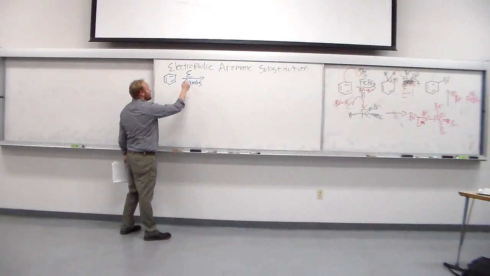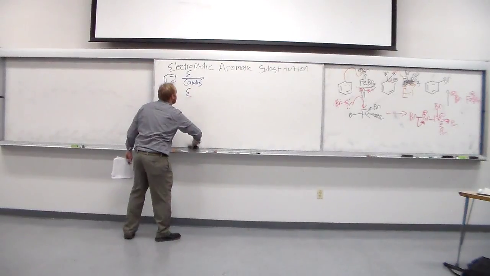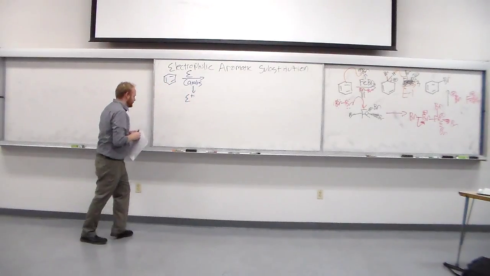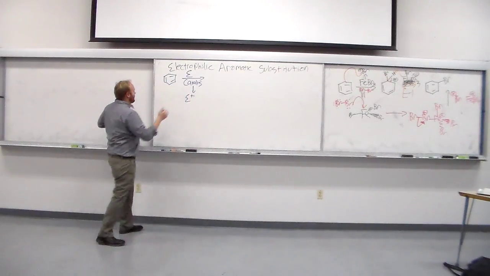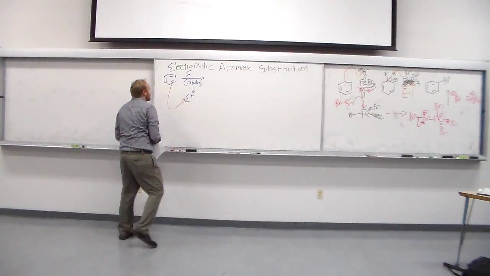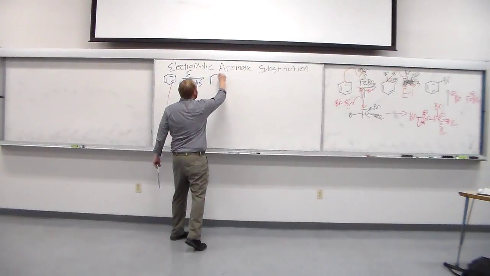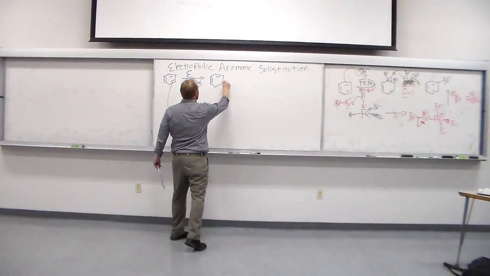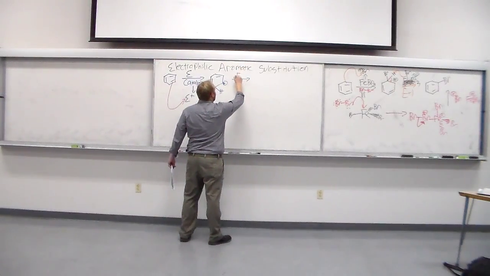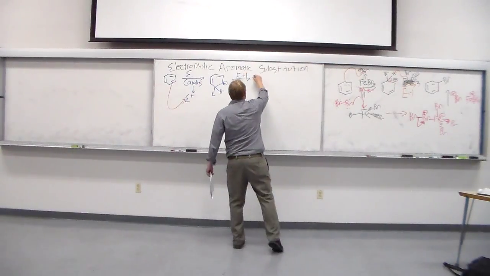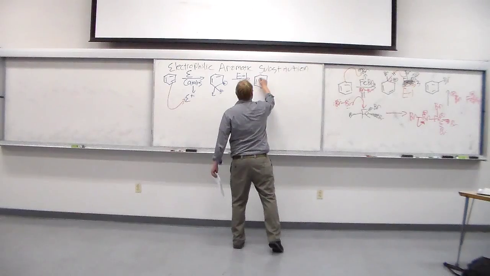The electrophile and the catalyst will give us an E plus that the benzene ring will attack to give us our cationic intermediate, followed by an E1 mechanism to regenerate aromaticity and give us our product.